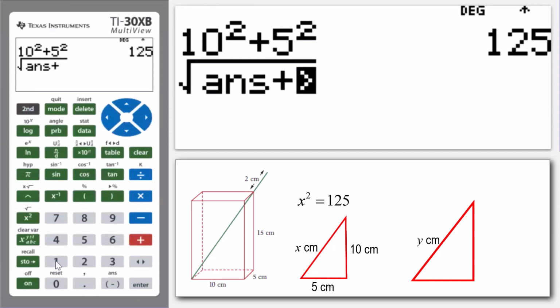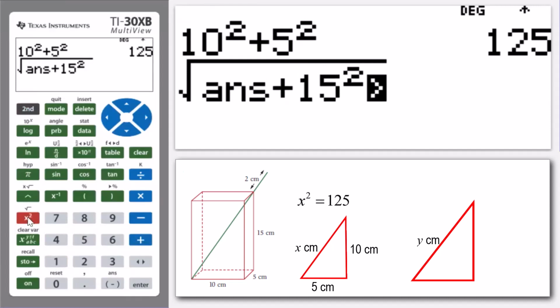We then enter 15 and then press x squared. So what we have in here is the square root of 125, the previous answer, plus 15 squared. We now press the right arrow to move the cursor outside the square root sign, or out from underneath the square root sign.